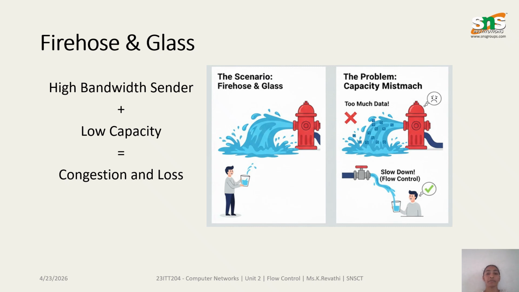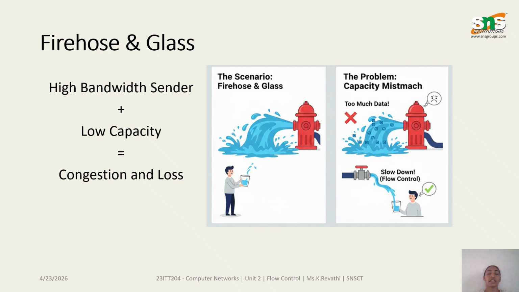Similarly, when a high-speed sender sends data to a slow receiver, it causes data loss and congestion. It means it will exceed the capacity of the receiver. So, how do we control this? That is exactly what in computer networks is called flow control.